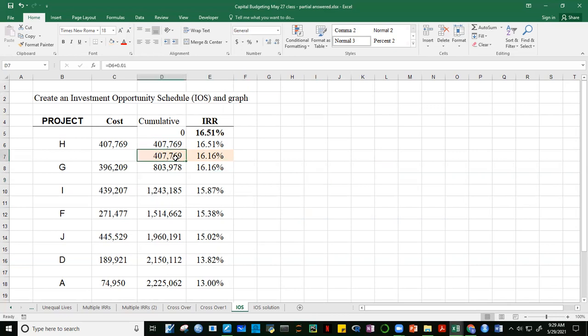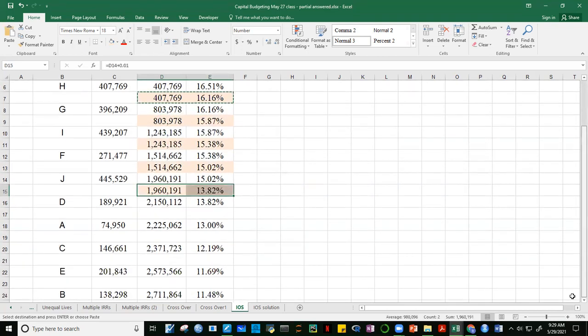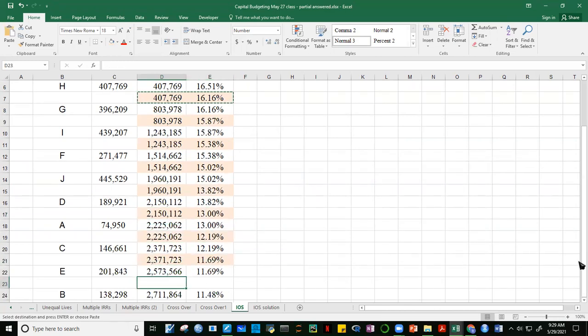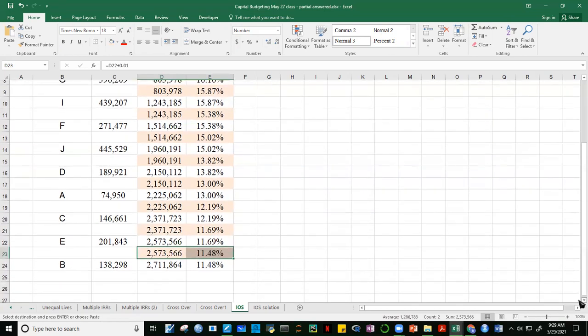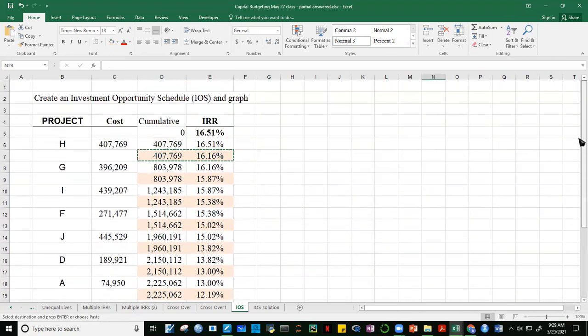So we can now just highlight this and then copy and paste, Control C, Control V. That's just copy paste. Okay. So now we have set up our stepladder function. So this is your cumulative cost.